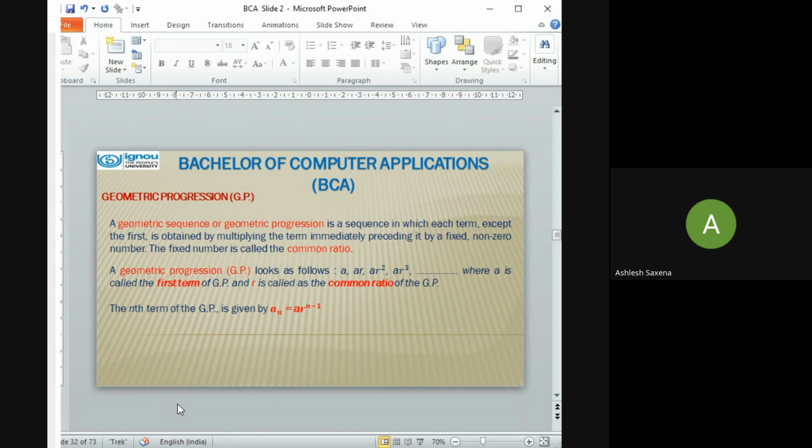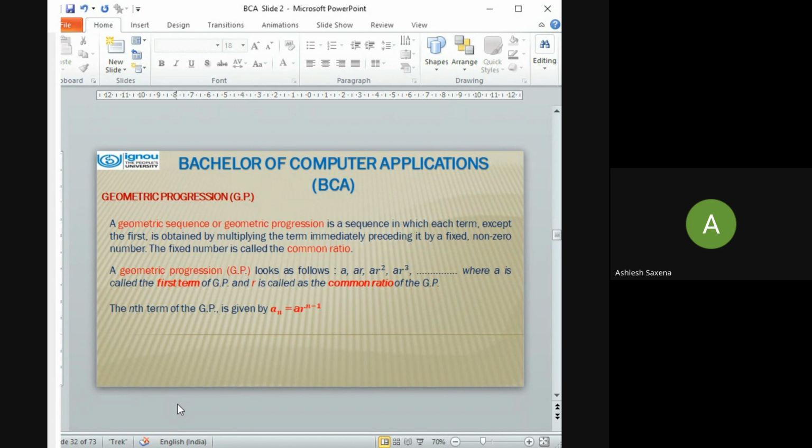In arithmetic progression, we were finding the difference of the second term and the first term. Here, in geometric progression, we will be dividing the third number by the second one, or the second one by the first term. That means in geometric progression, we will have a common ratio.